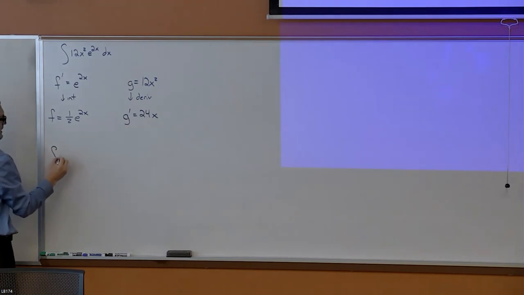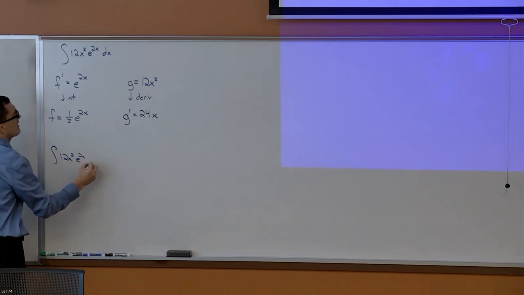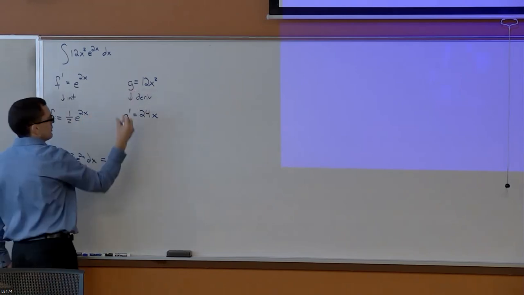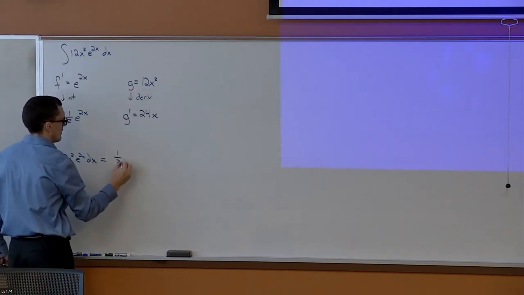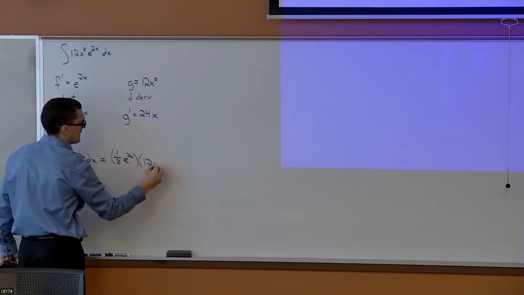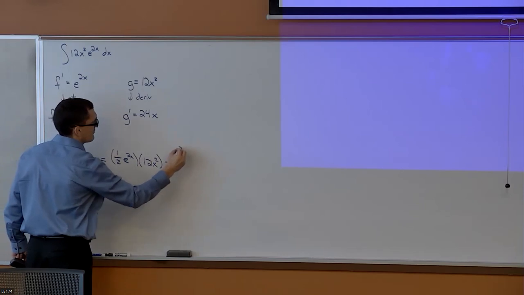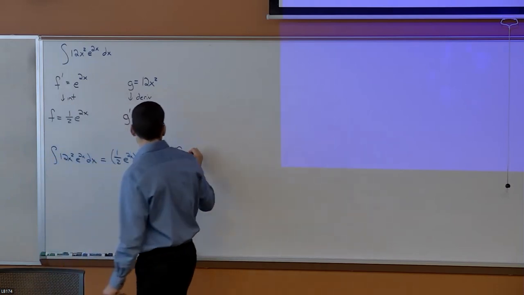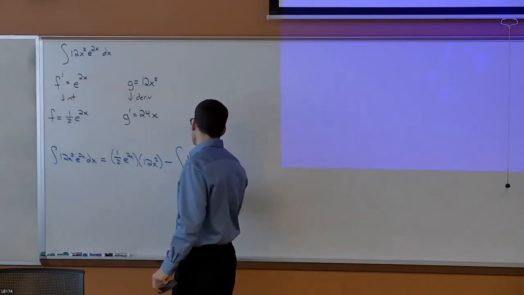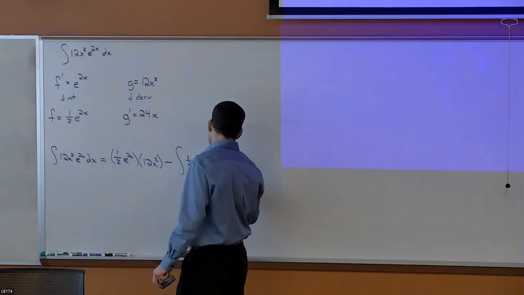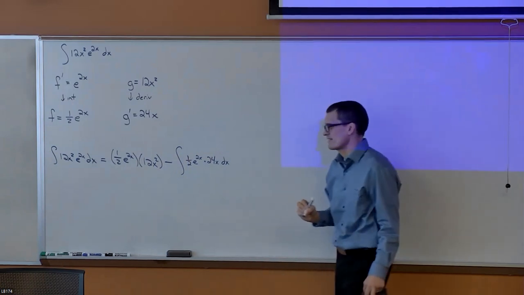I'll write the first step here. The integral of 12x squared e to the 2x with respect to x, therefore, is f times g minus the integral of f times g prime, obviously with respect to x.